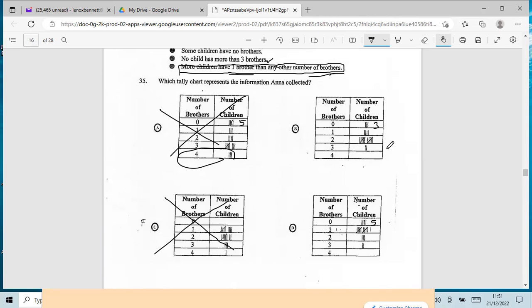You look at how many people have 1 brother, and which has the highest, which is D, right? Because look how many. 5, 10, 11. 11 persons have 1 brother, you know. So that means it has to be D, because D says more children have 1 brother.